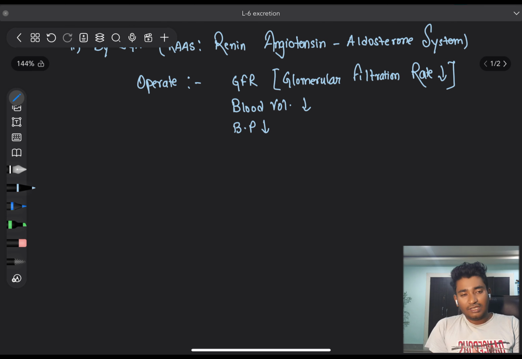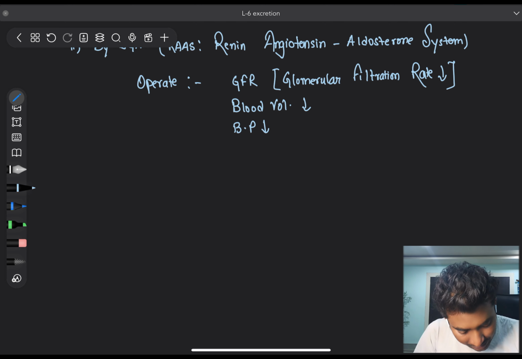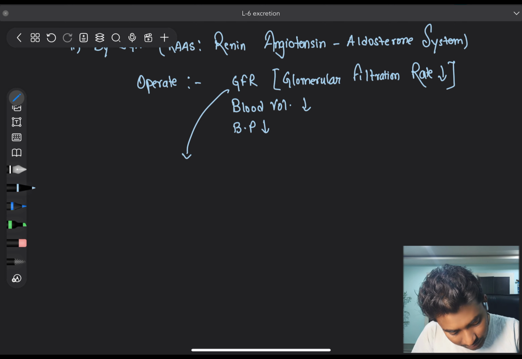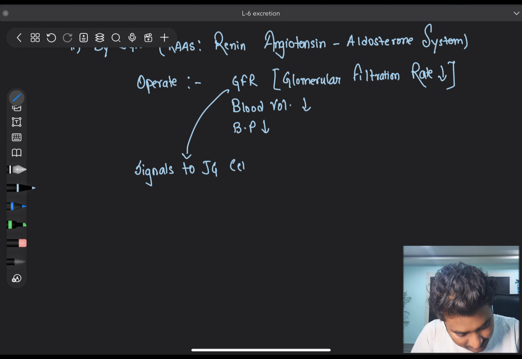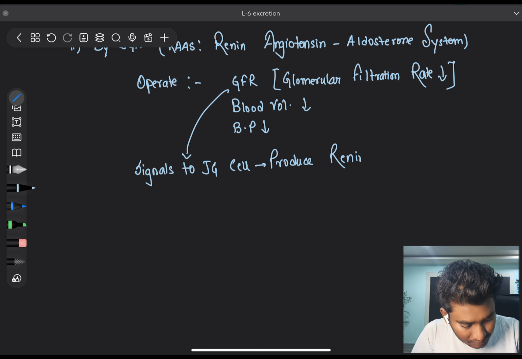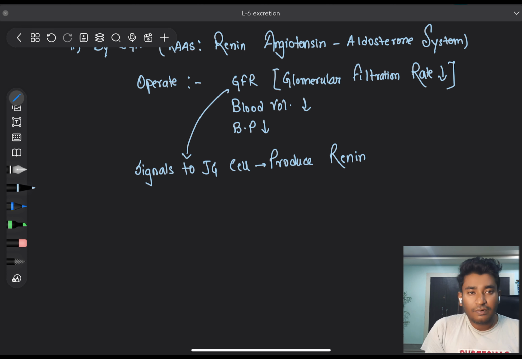So on three occasions we generally see the RAS system in action. When the GFR lowers, it provides signals to the JG cells, that is the juxtaglomerular cells, to produce renin. So if the question comes from where renin is secreted, it is the JG cells.